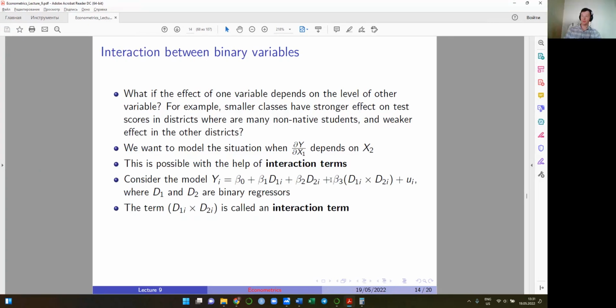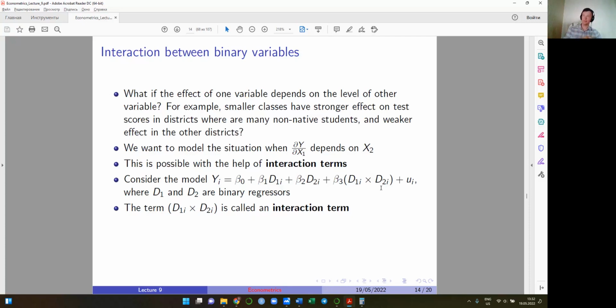You might remember this from our exercise sessions when we used, for example, the regression of a baby birth weight on smoking and on alcohol consumption. So we had two binary variables, but we didn't have this interaction. And this interaction has a very interesting interpretation.